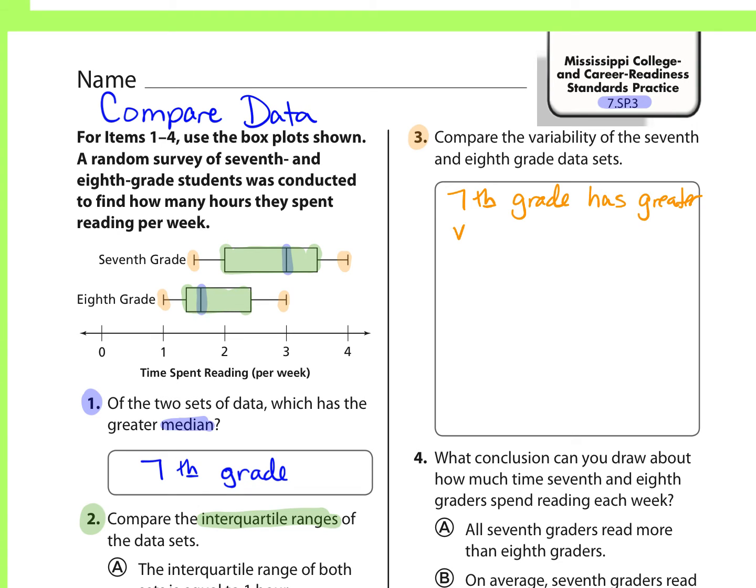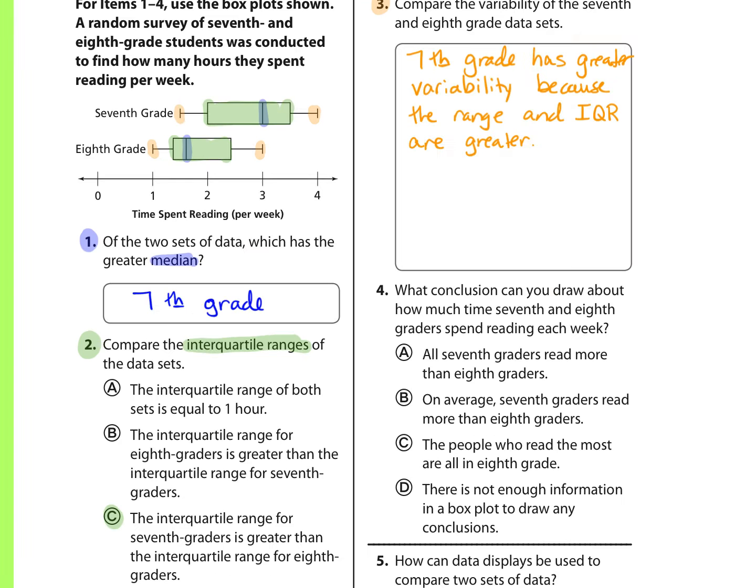Has greater variability because the range and interquartile range are greater. It's more spread out.